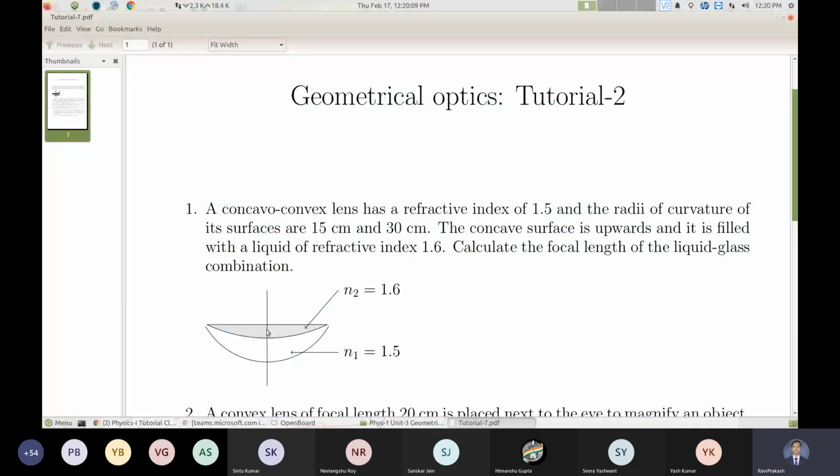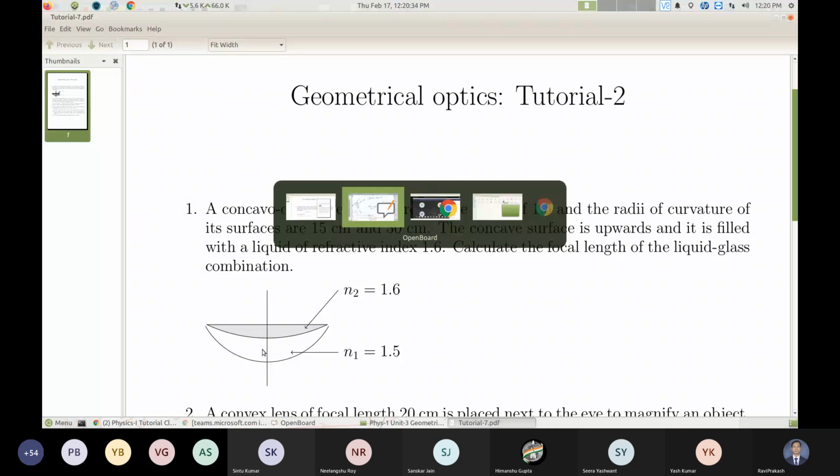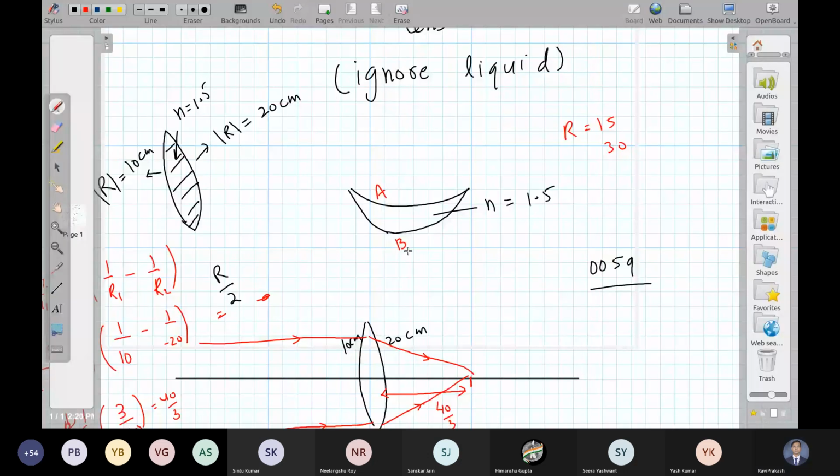Top side has 15 radius of curvature or bottom side? Bottom side, sir. Bottom side has 15 radius of curvature. So 15 is this, 30 is this. Okay. What is the focal length of this combination?